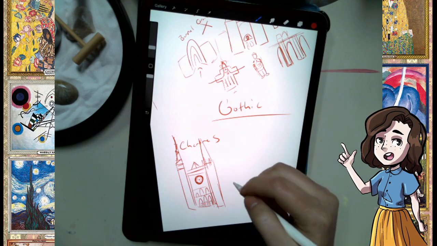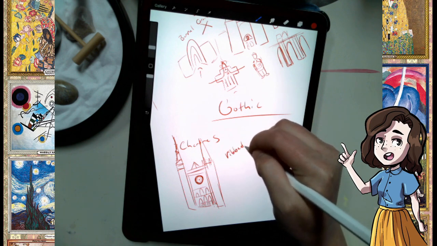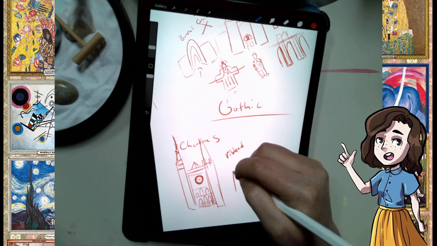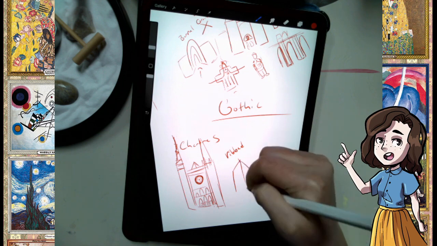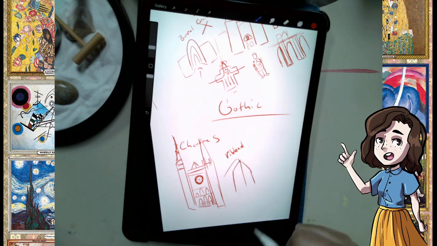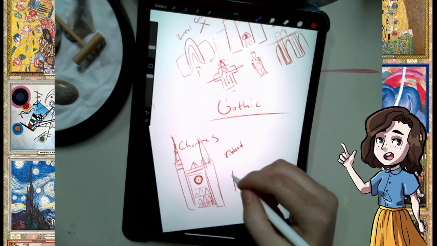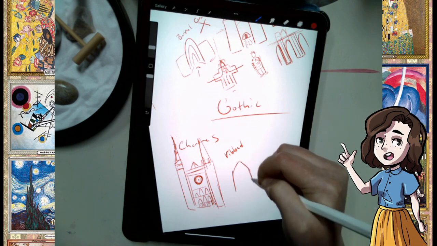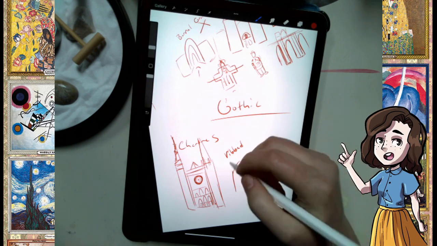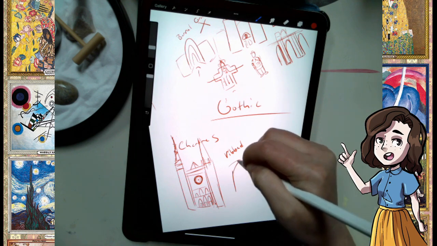On the inside, they are now doing ribbed vaults, where you see the vault acting like a groin vault all the way across. It's impossible to draw at this angle, I'm so sorry. They're taking the concept of the pointed arch and adding ribs all the way through so it's more decorative.